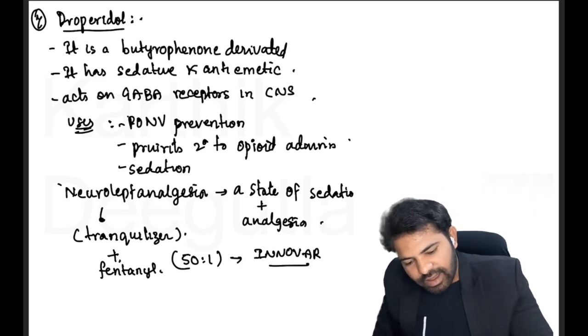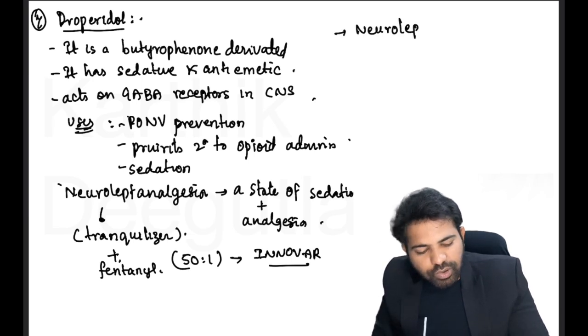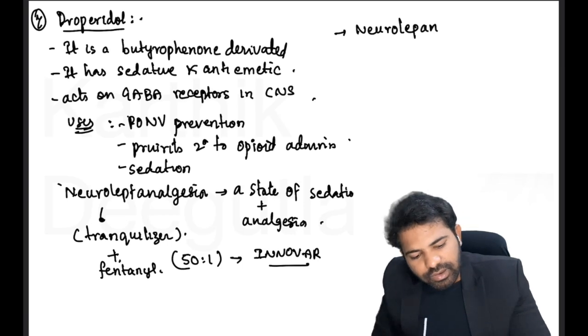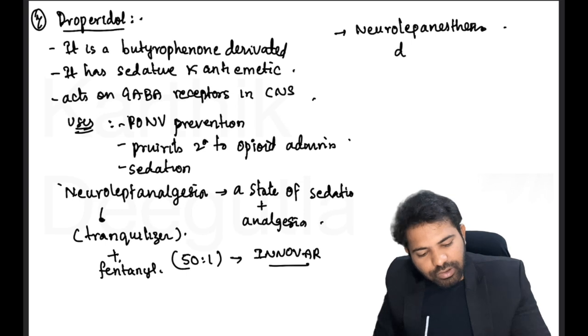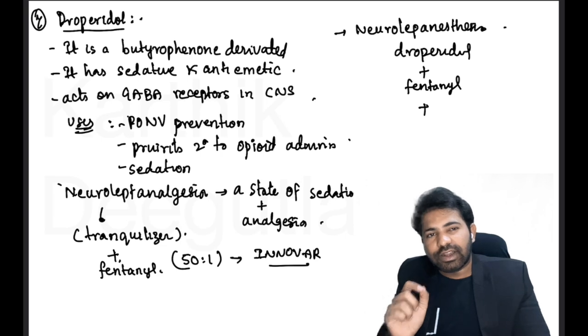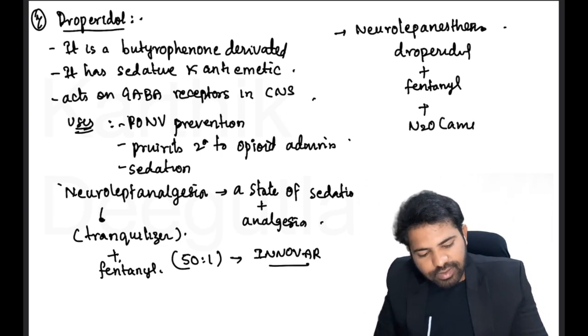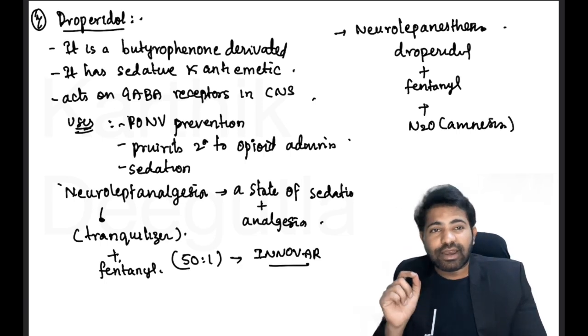And also there is something called neurolept anesthesia. Both are different terms. In neurolept anesthesia we add droperidol, then we have fentanyl, and if you also add nitrous oxide, N2O, for amnesia, then this is known as neurolept anesthesia.